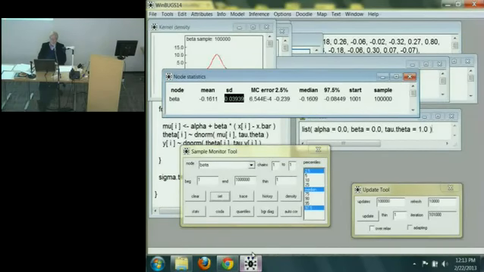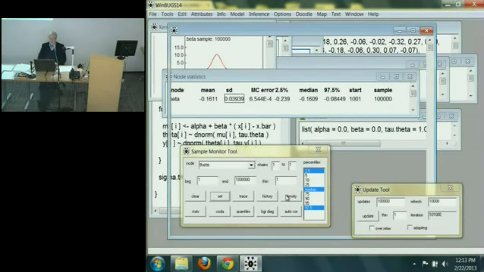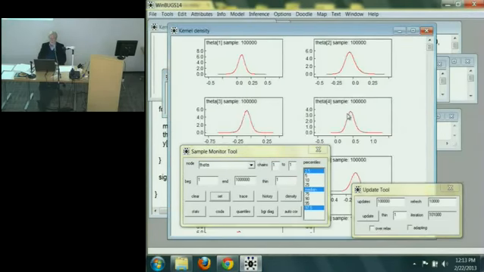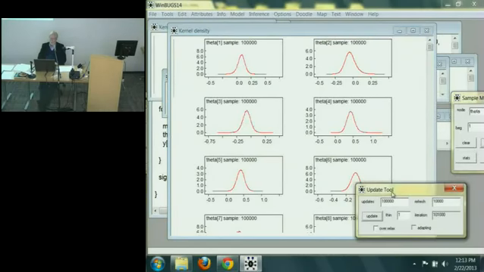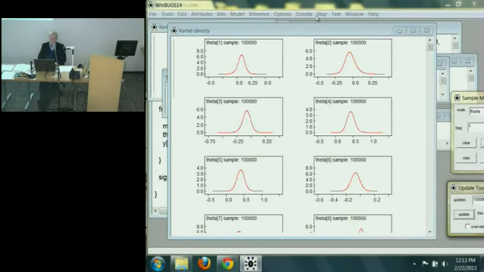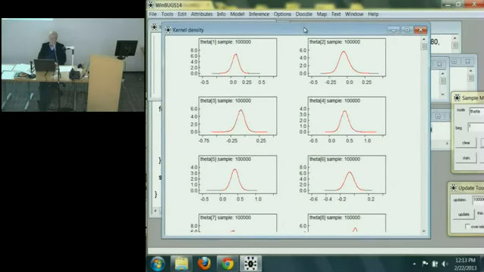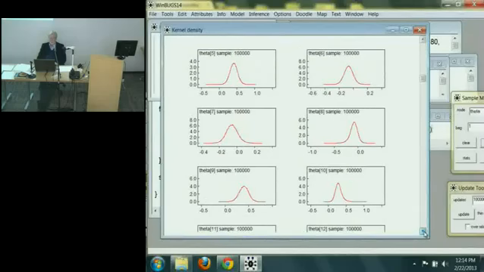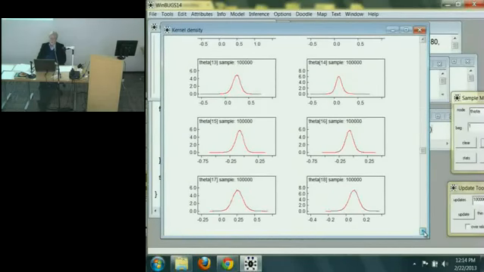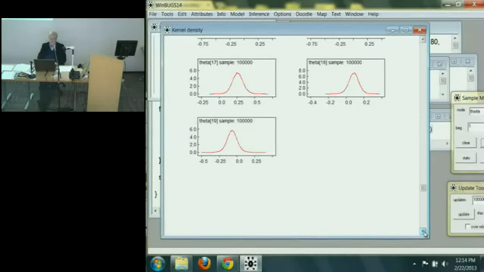And at the end, we could look at all the thetas, for example. And so what happens when you do that is that now you're wishing you did what that gentleman told me to do, kind of move the update tool and the sample monitor tool out of the way. Since there's 19 of them, WinBUGS gives you all 19 of their marginal posterior distributions, which mostly look Gaussian, not too far from it.